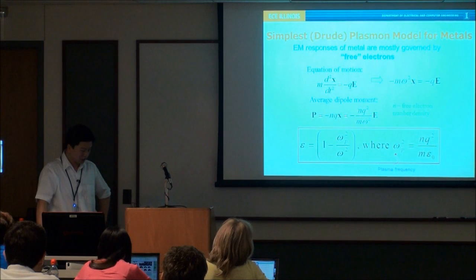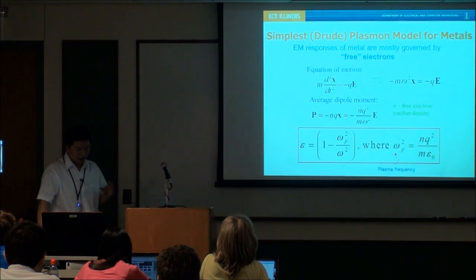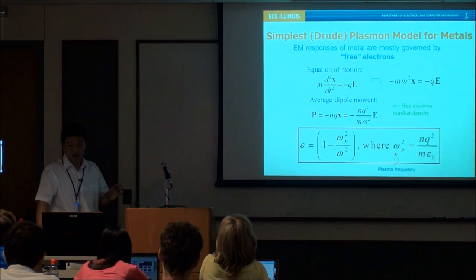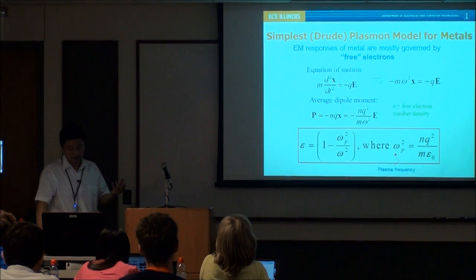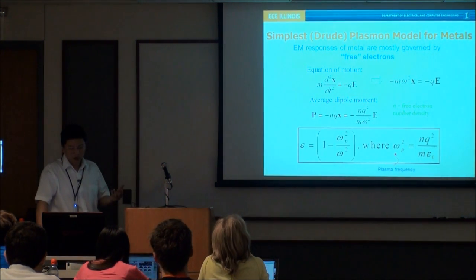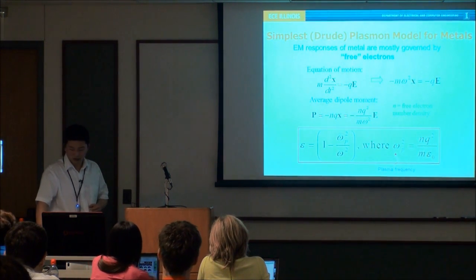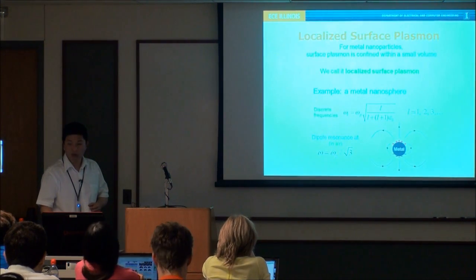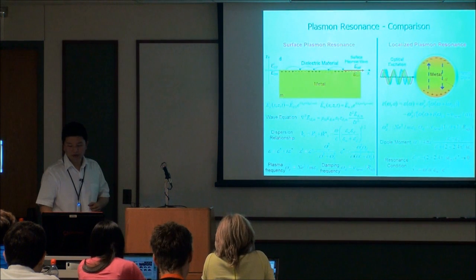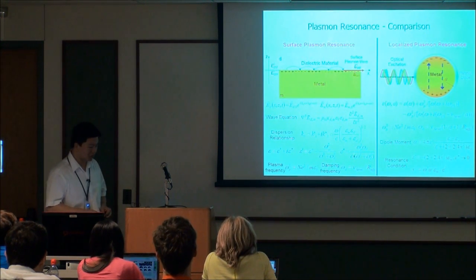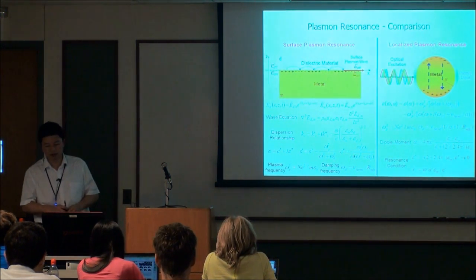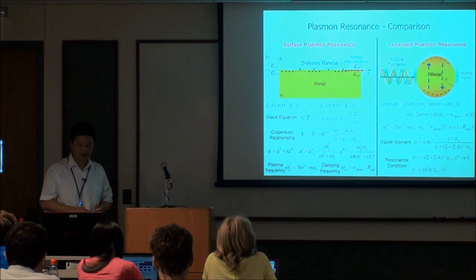So typically, if we're looking at visible wavelengths, we're talking about from 20 nanometers to hundreds of nanometers, to 100 nanometers. That's the scale we're talking about when we apply this Drude model. If you have some particle or structure beyond that range, then this Drude model does not hold that well.